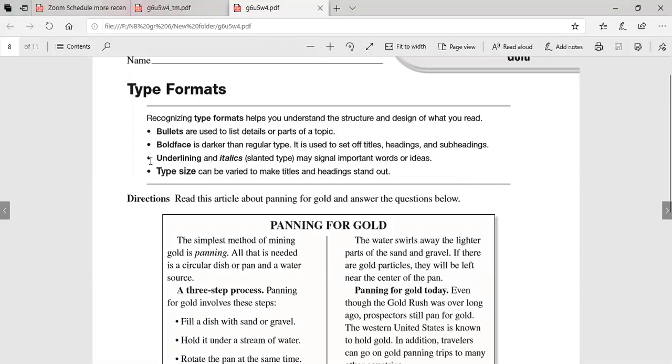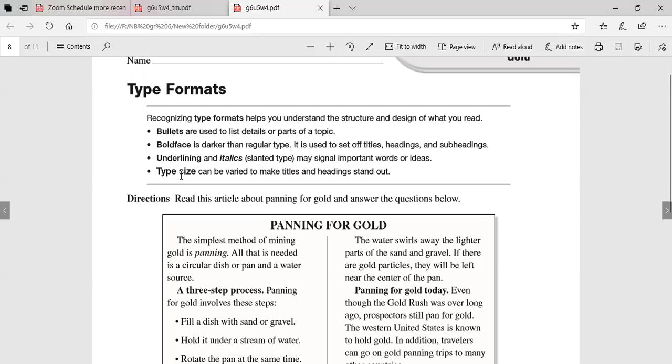The third one is underlining and italics. Italics are slanted type. When it is slanted, it may signal important words or ideas. If you underline a word or you give it italics, it gives you other information about what you're reading or what you want your reader to understand, to know.